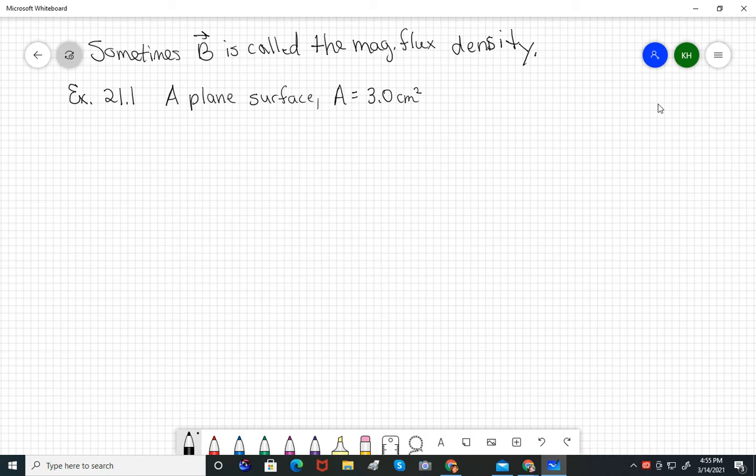We're going to need that area in meters squared. To change to meters, you really just have to add a times 10 to the negative 4. And that will give us units of square meters.